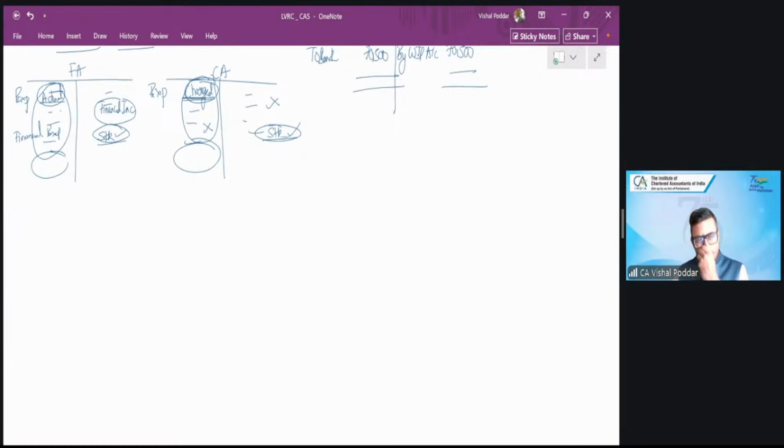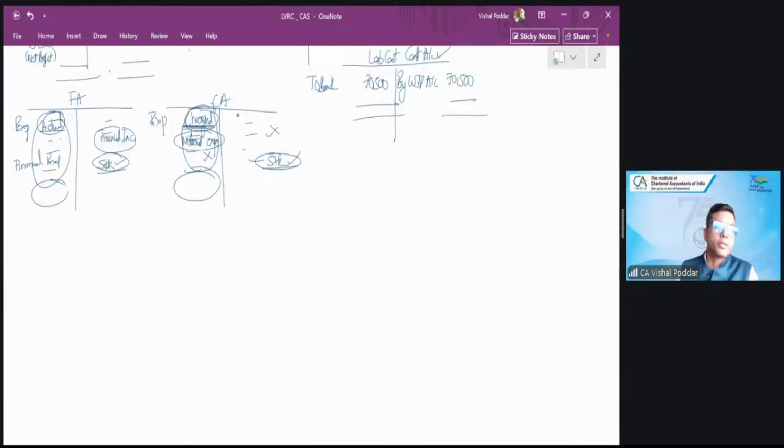And then comes last point. In cost accounting, we consider notional expenses, whereas no such notional expenses are considered in financial accounting.